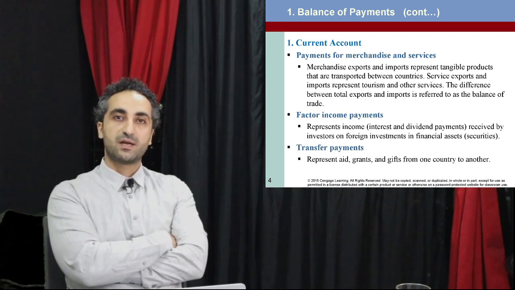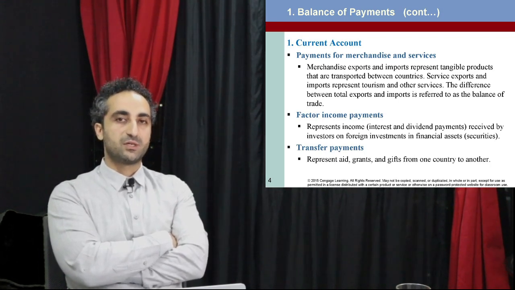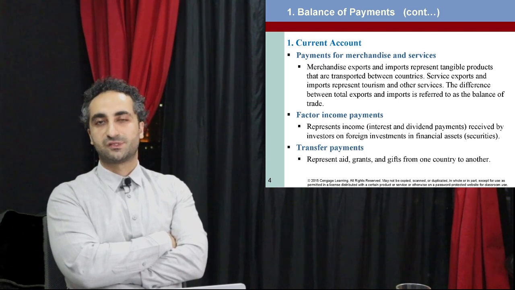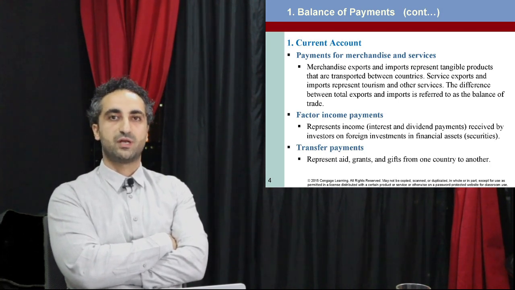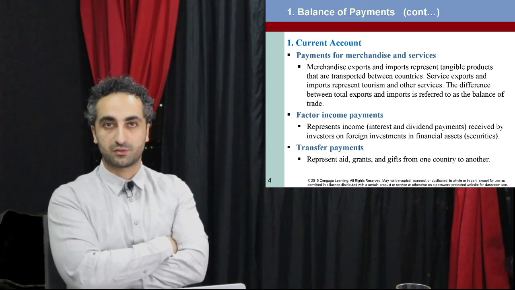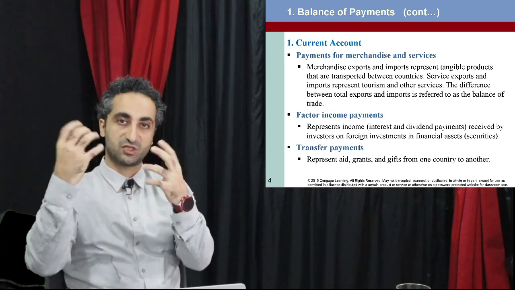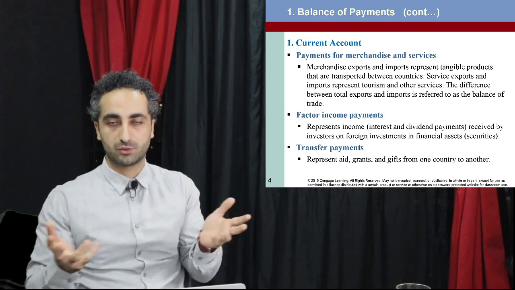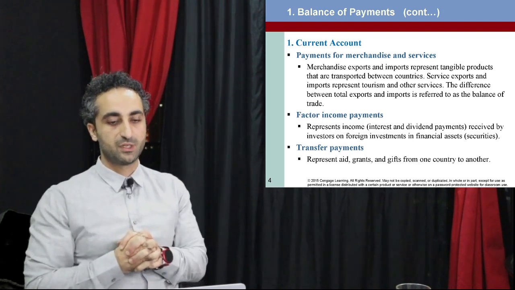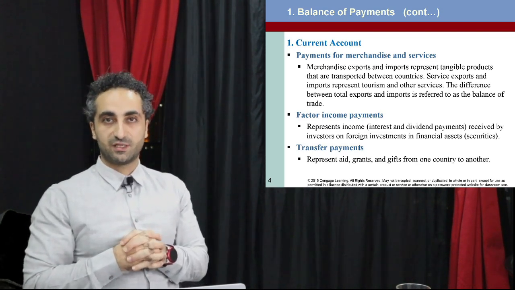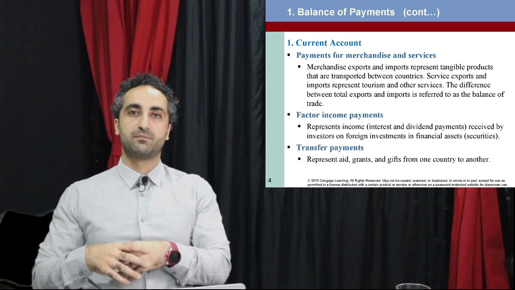So what if I am depositing my money in Indonesian banks for some reason. So every year I receive some interest from these banks. So this interest will also be cash inflow for Malaysia because I am here in Malaysia. Transfer payments, finally, what's transfer? We discussed it.